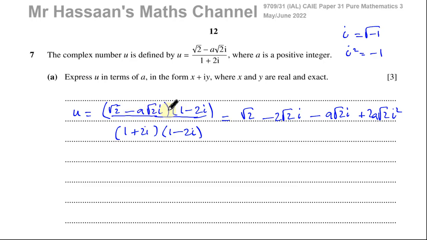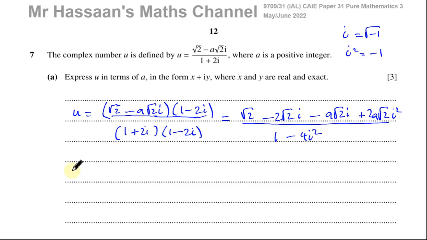So you have positive 2a root 2 i squared, all over, and as we said, the middle term disappears here, so you'll have 1 minus 2i times 2i, which is 4i squared. That's the whole purpose of this: to make the denominator into a real number, because i squared equals negative 1.